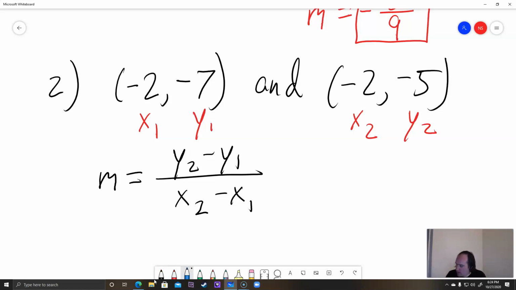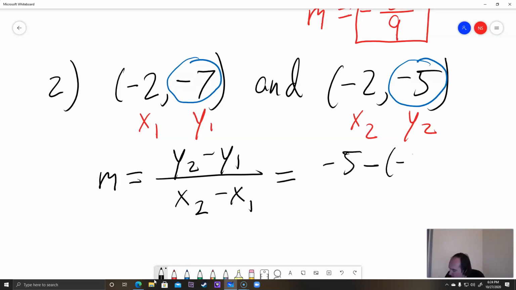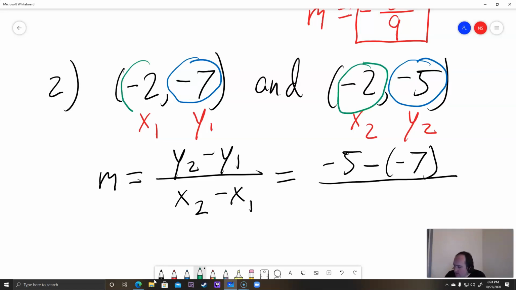Here y2 minus y1 is going to be -5 minus -7 on the top. And on the bottom, we have x2 minus x1, which is -2 minus -2.